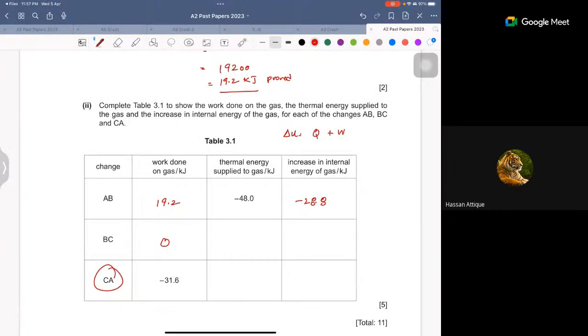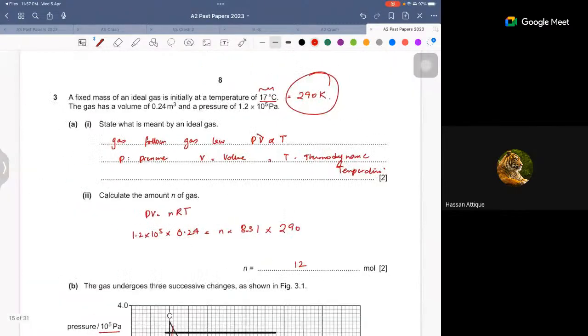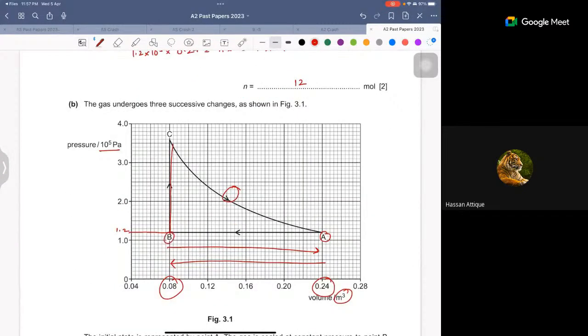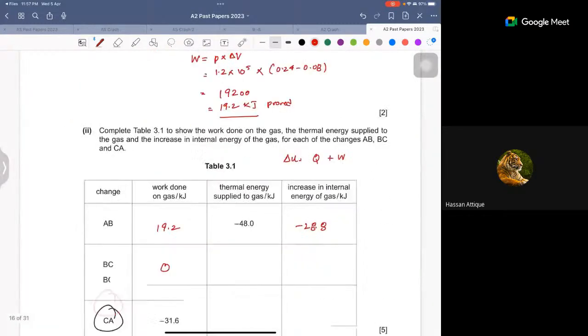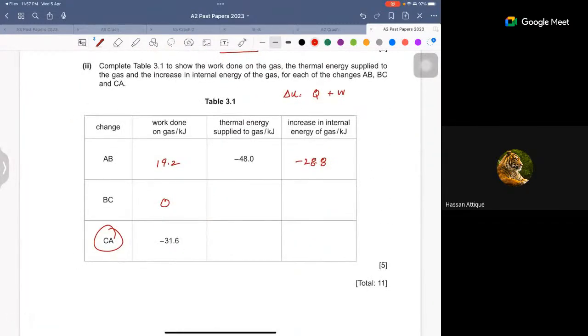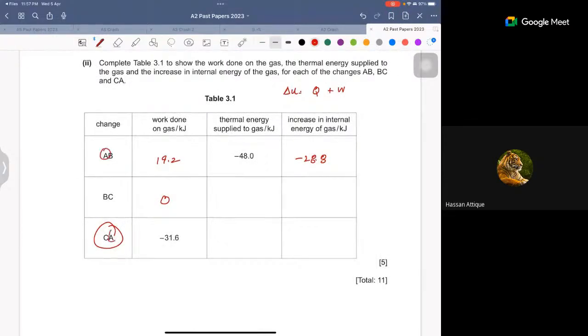It's a closed system, which means that when it goes from A to B, B to C, and back to A, the internal energy change should be 0.